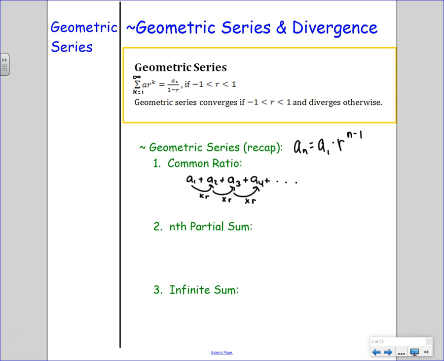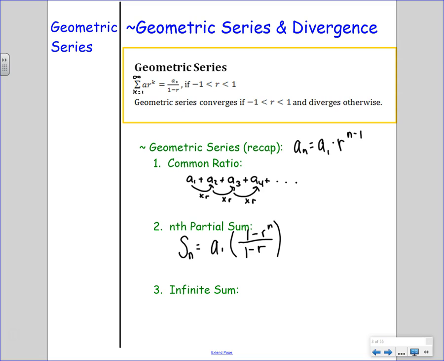From pre-calc, the nth partial sum is equal to, if I can remember it, a sub 1 times one minus r to the n all over 1 minus r. Oh, I think that's it.